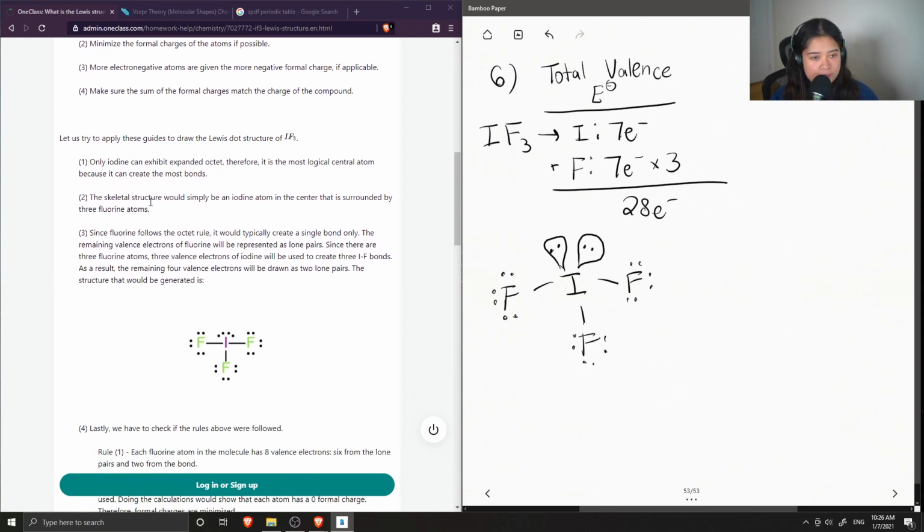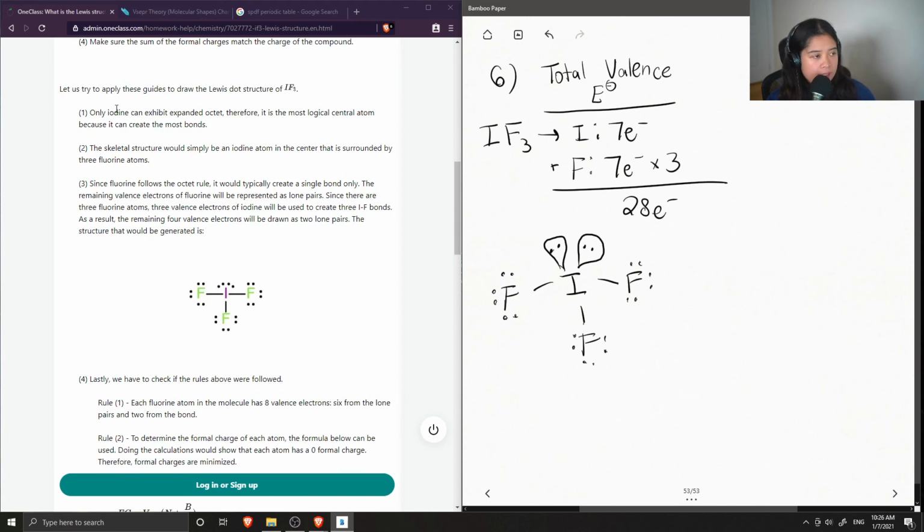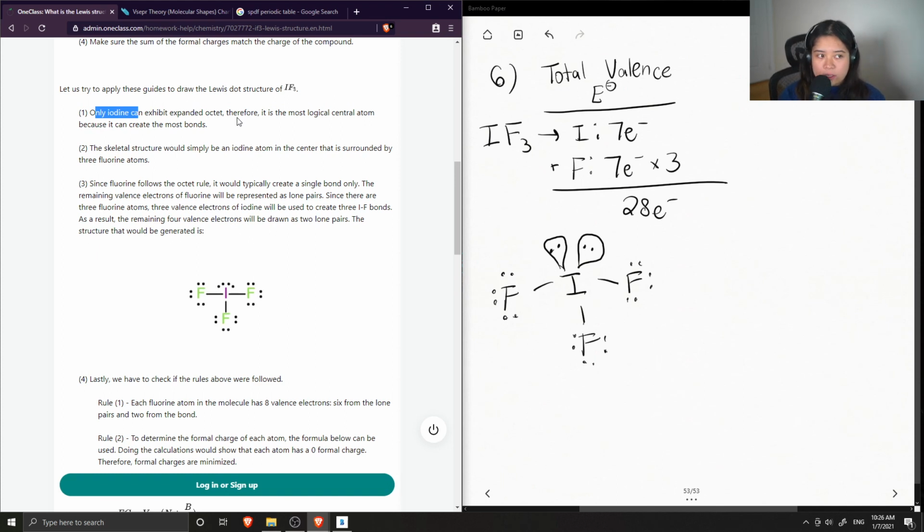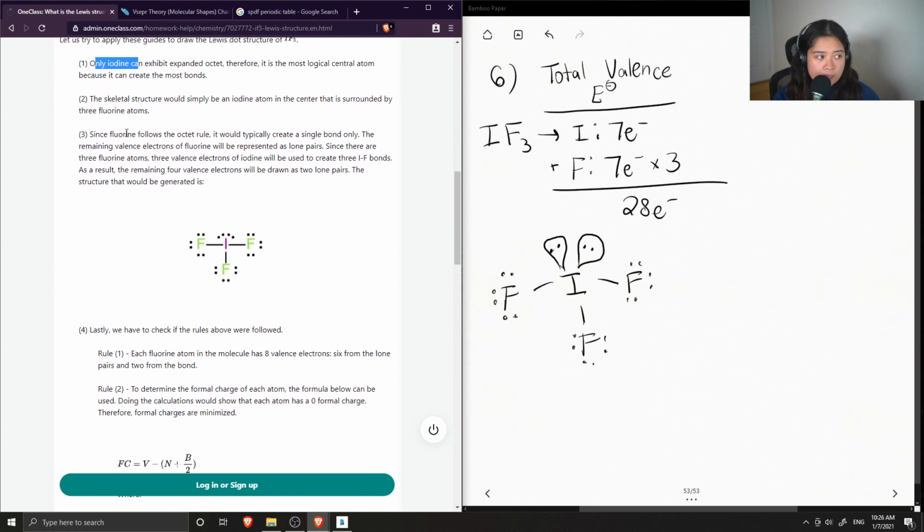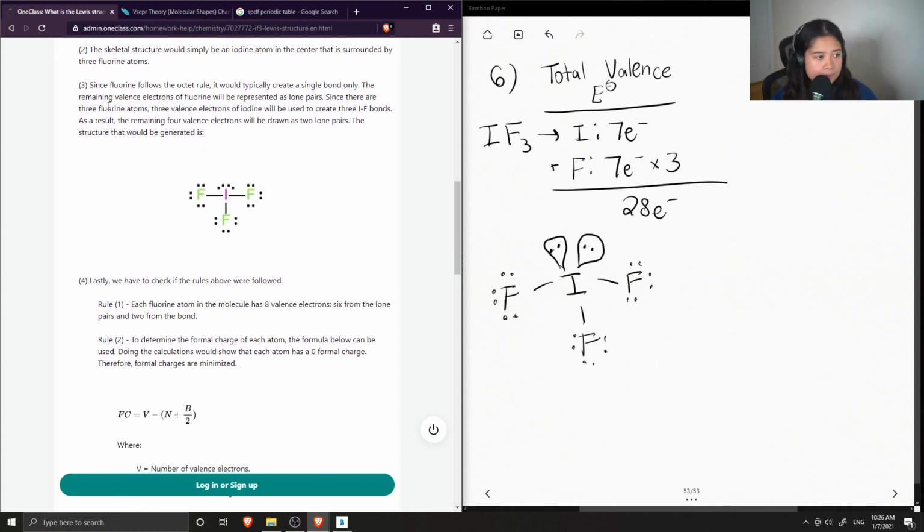Okay, so let's skip down to when they answer the question. Only iodine can exhibit expanded octet. Therefore, it is the most logical central atom because it can create the most bonds. 2. The skeletal structure would simply be an iodine atom in the center that is surrounded by the 3 fluorine atoms. Step 3.